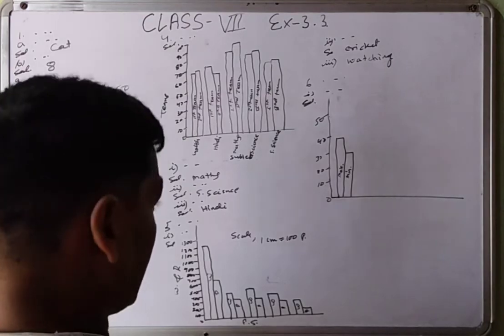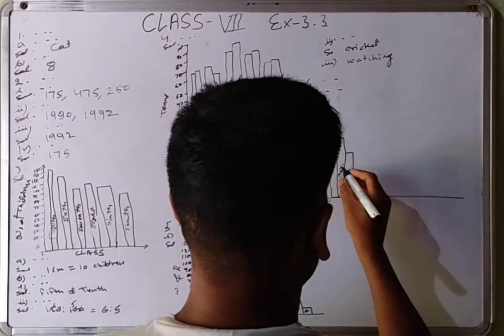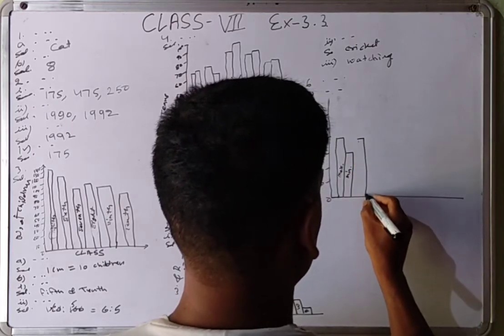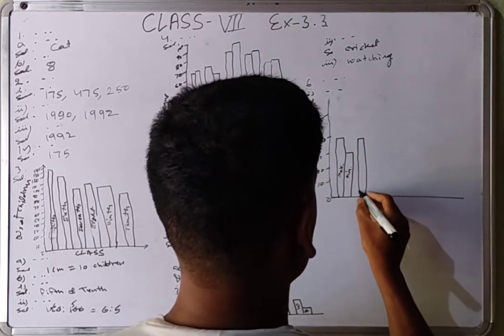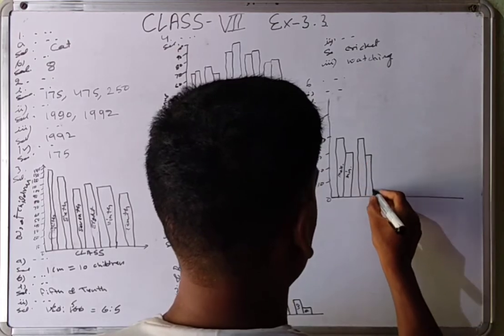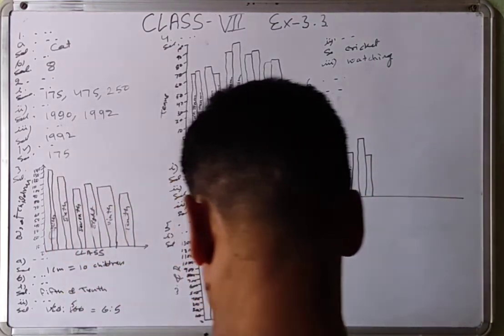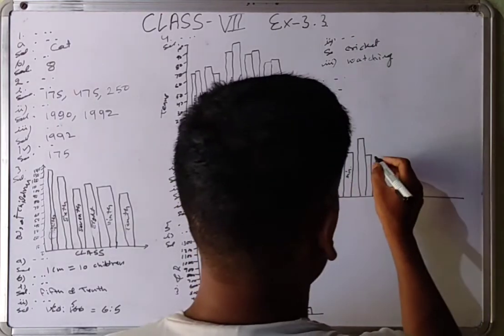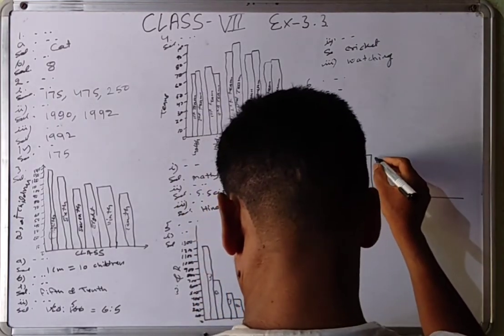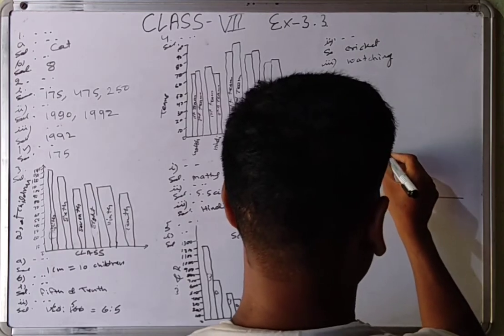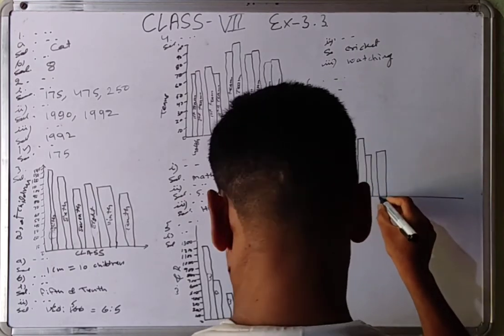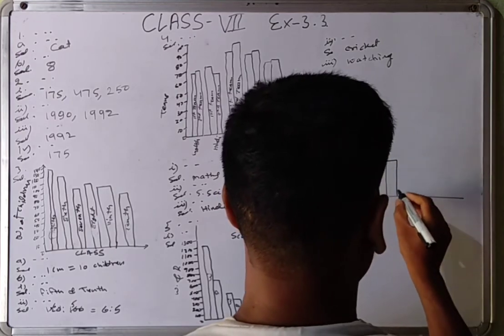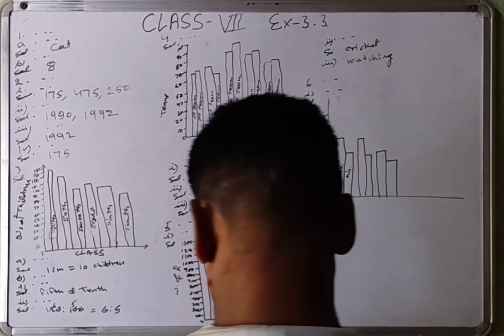Then 37, 26. 37 means up to here, and 26 must come up to here. 28, 21. 28 will be here, and 21, and then leave one more.